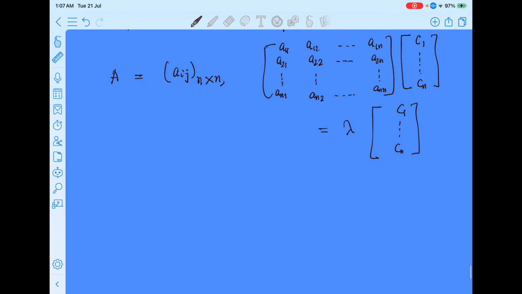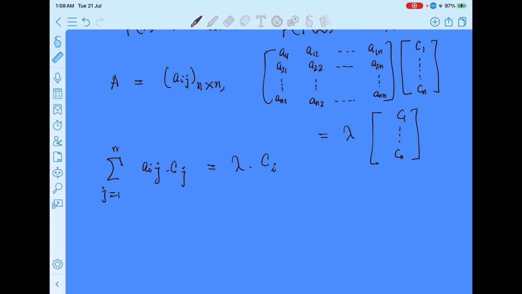Now, what we have is that summation, say, j from 1 to n a_ij c_j is equal to lambda c_i, right? Am I correct? Yes.